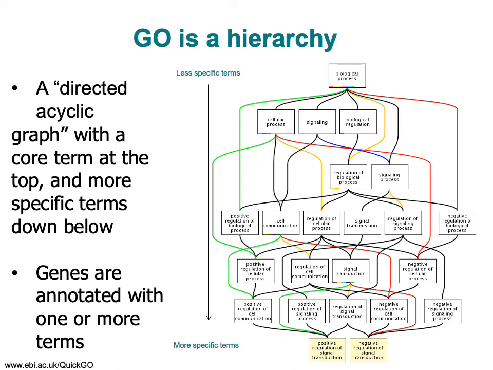At the top of this hierarchy are the broader terms. At the very top of each one of the three hierarchies is one of the core terms, in this case, biological process. And as you move down in this hierarchy, you get more and more specific terms.